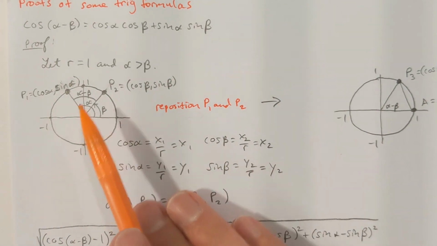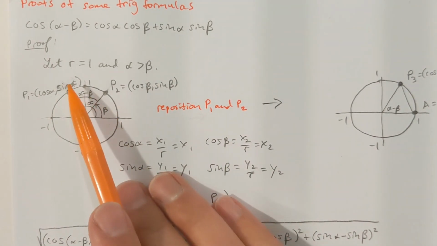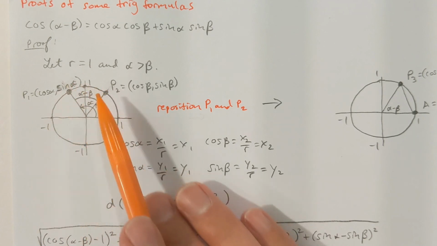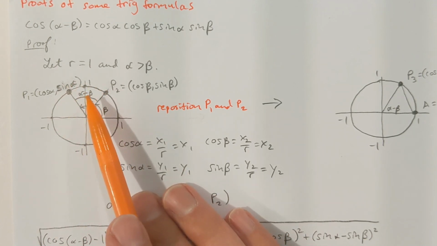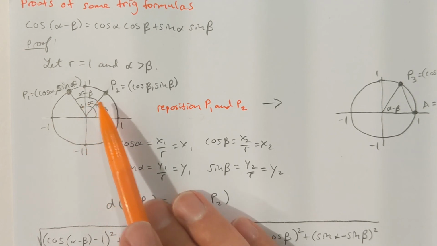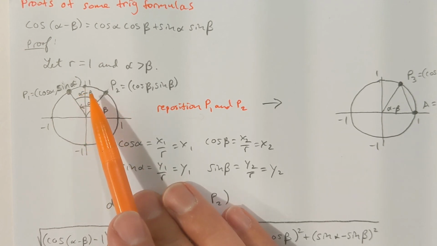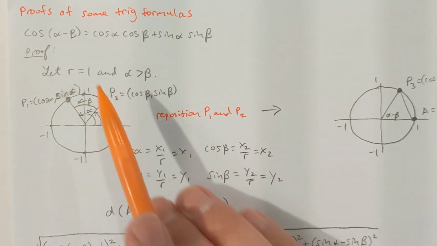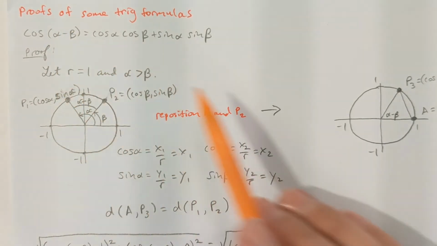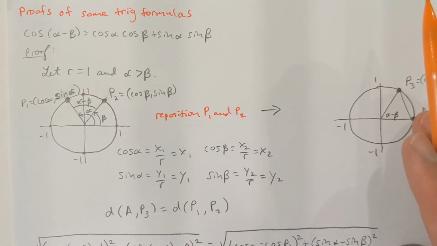Now in this picture, I'm going to shift these 2 points, P1 and P2. By the way, the angle between these two would be alpha minus beta. I need to be using alpha minus beta here in the problem in order to get the left side of the identity.